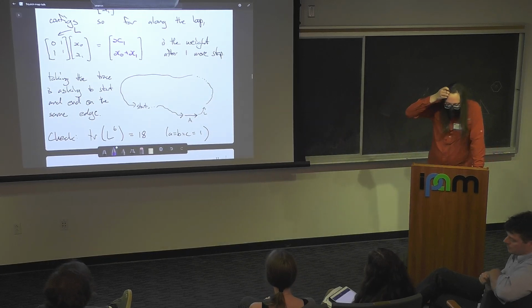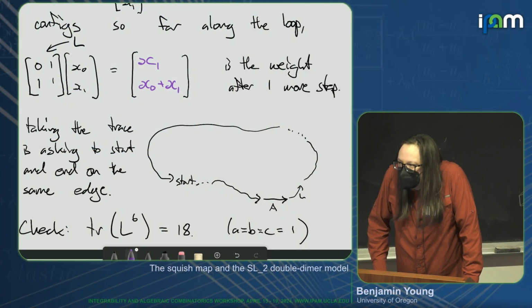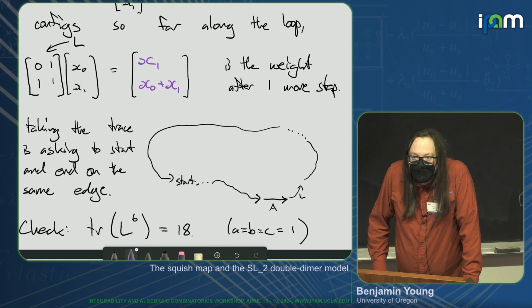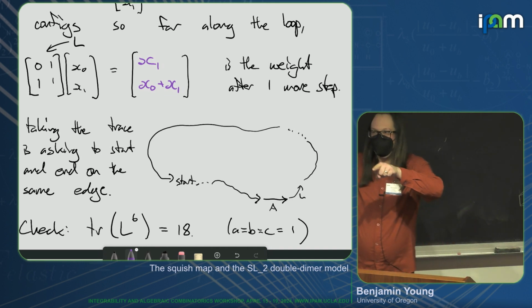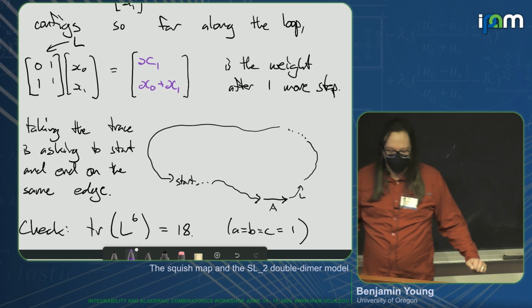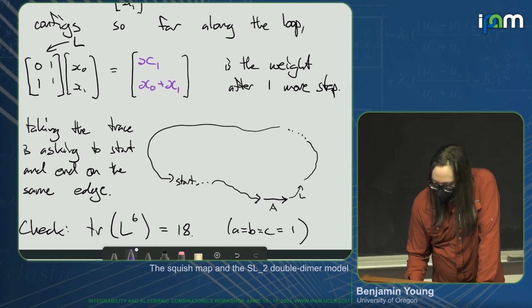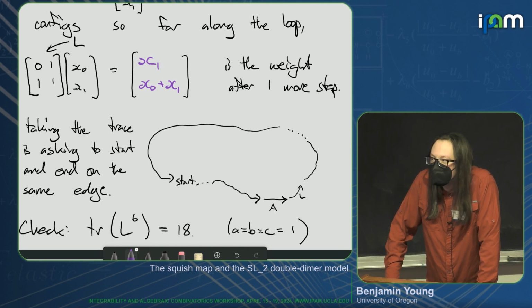You can check that matrix L, if I raise it to the 6th power and take the trace, I get the number 18. That is the same 18 as before, right? These are the 18 configurations that give me this single hexagon. That is the same as setting A, B, and C all to be 1, so just not keeping track of those parameters.